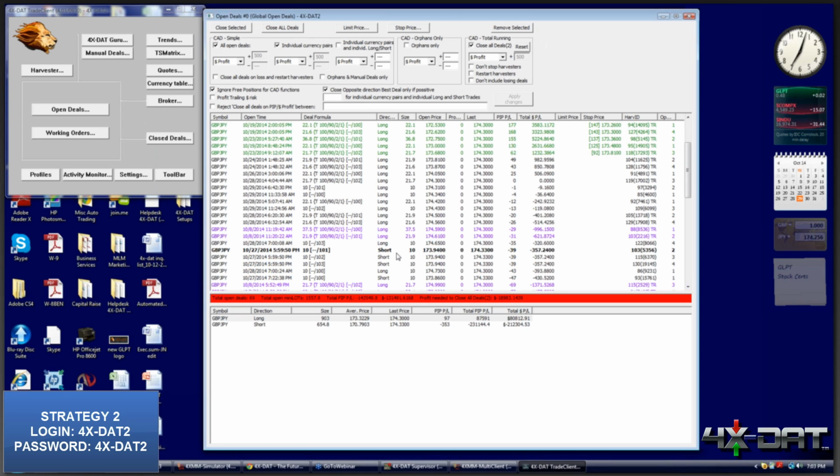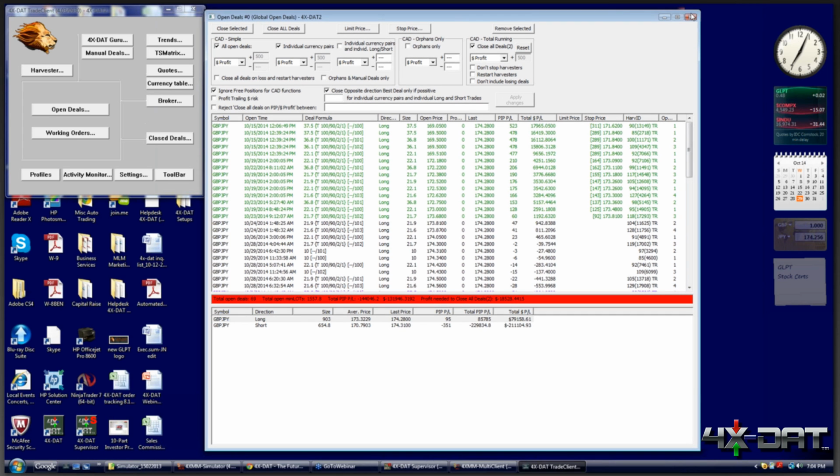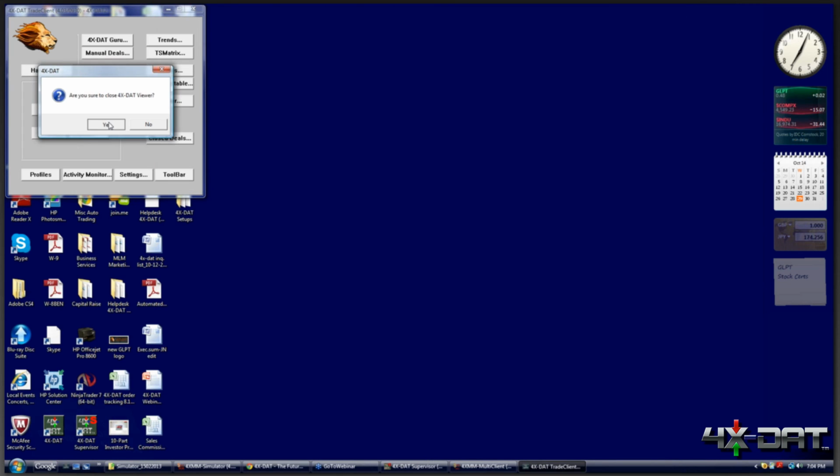This is the most profitable short trade so far. It's down 39 pips. These trades will start getting into profit. That is the pattern that the software will follow, not just on this strategy, but on other strategies as well. All right, so that was strategy number 2. Let's move on to strategy number 3.